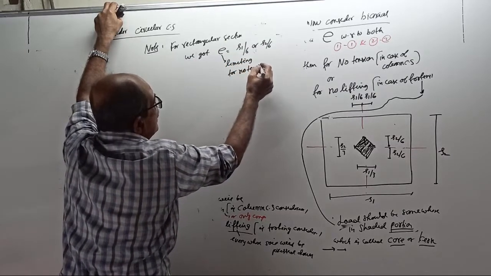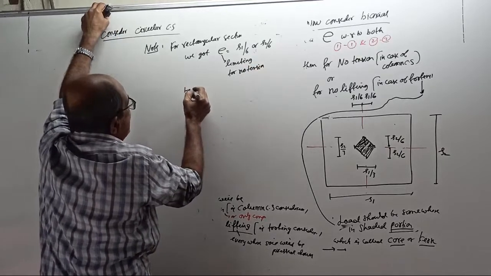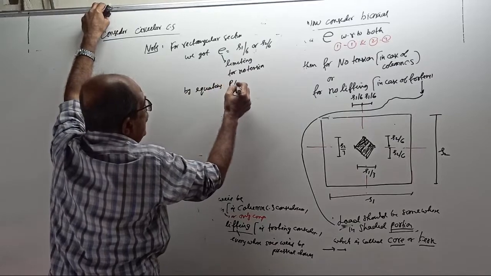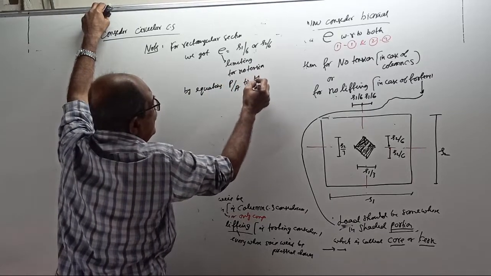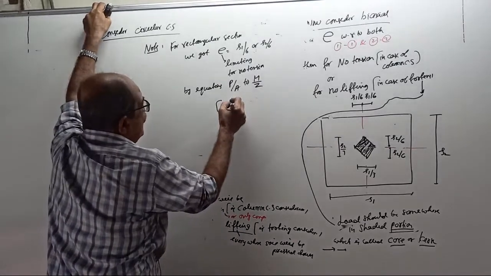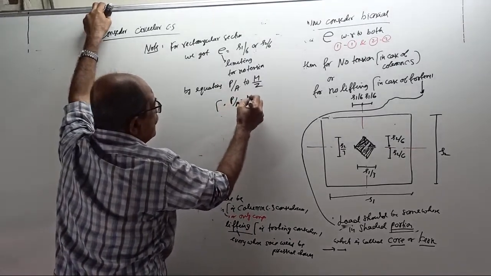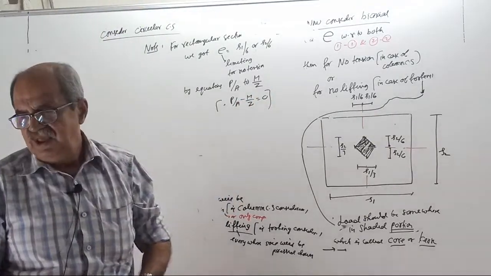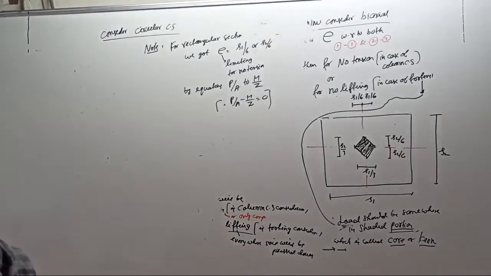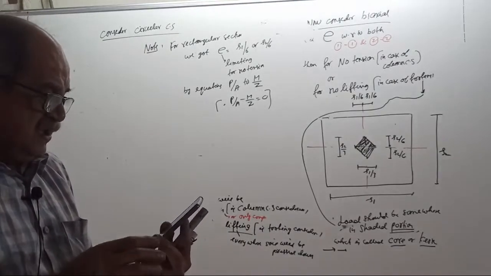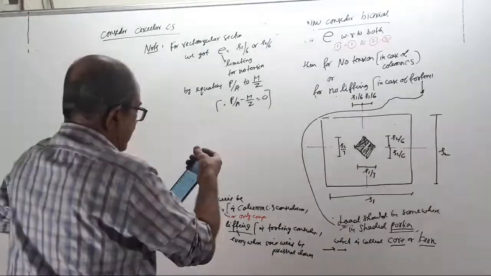By equating P by A to M by Z, because P by A minus M by Z equal to 0. Remember or not? P by A minus M by Z equal to 0. Yes or no?